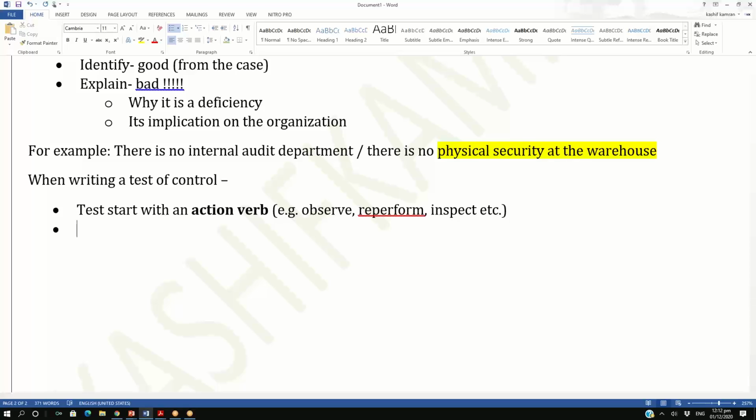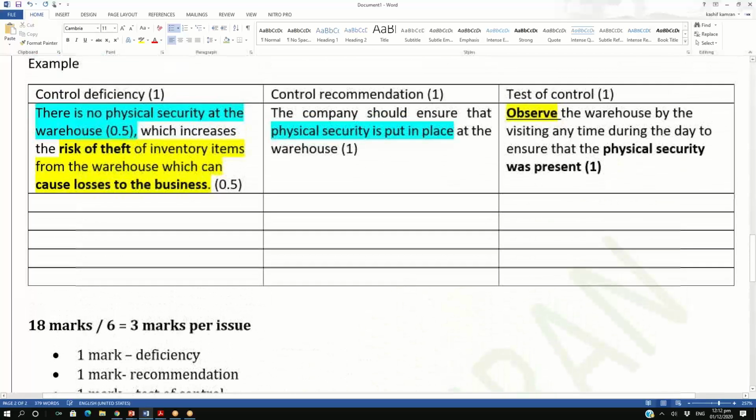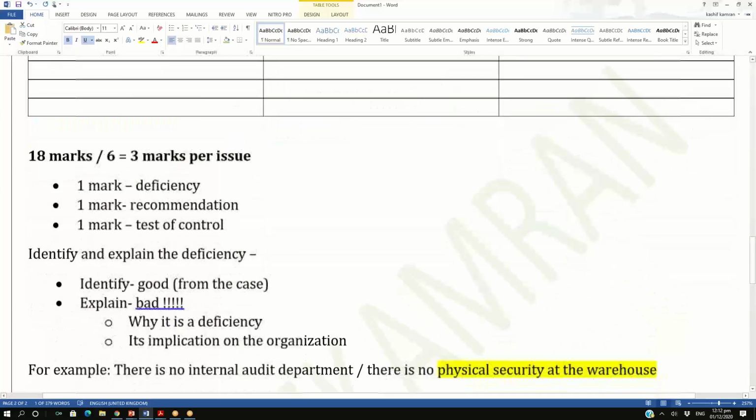And when you're testing something, there has to be a reason for a test, a purpose for a test, to ensure that the physical security is present. See this, ensure. The moment I write ensure, that's my purpose. Why am I observing?